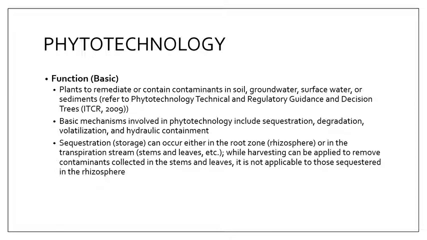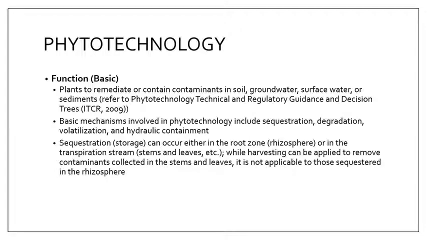All right. So it's important to distinguish the two areas, because if your strategy in your remediation is to harvest the plants that have the contaminants, okay, you have to make sure that the plants are sequestering the contaminants into their transpiration stream.